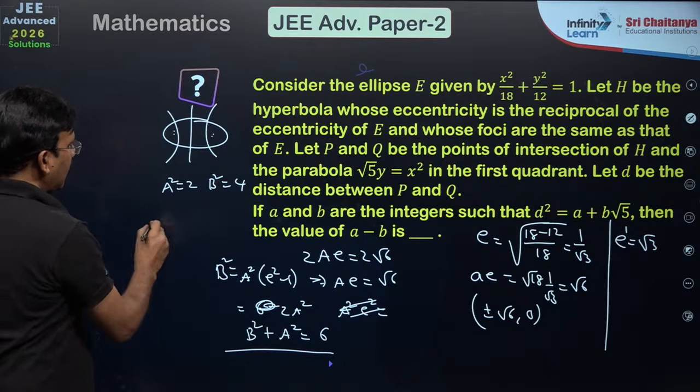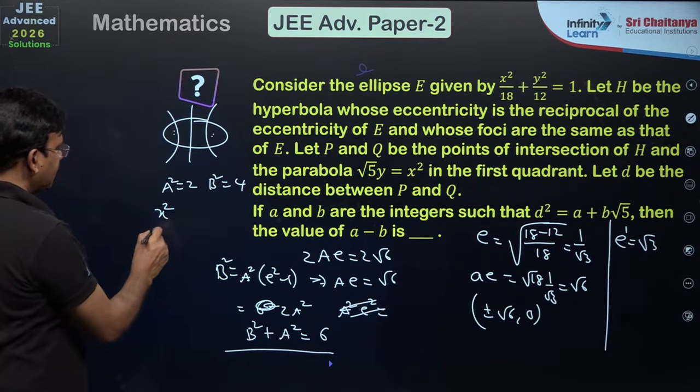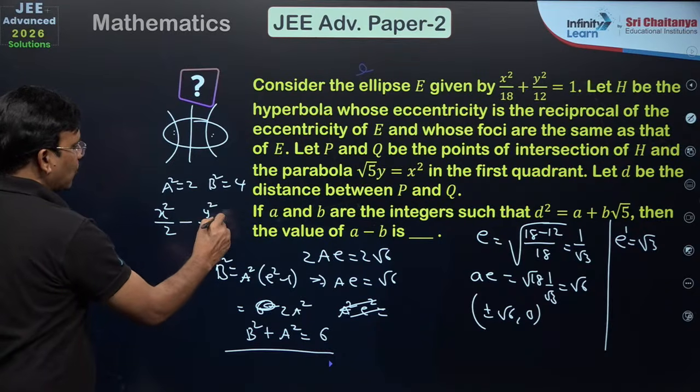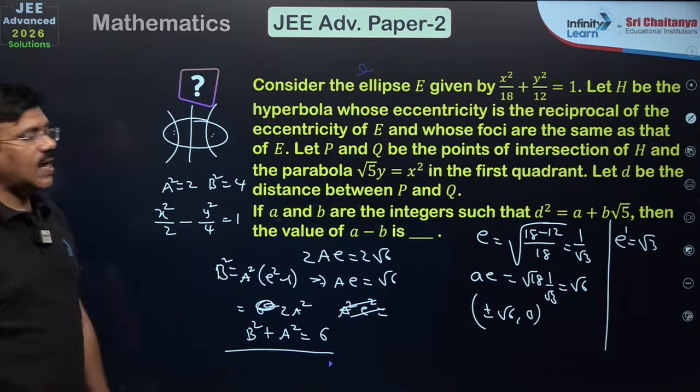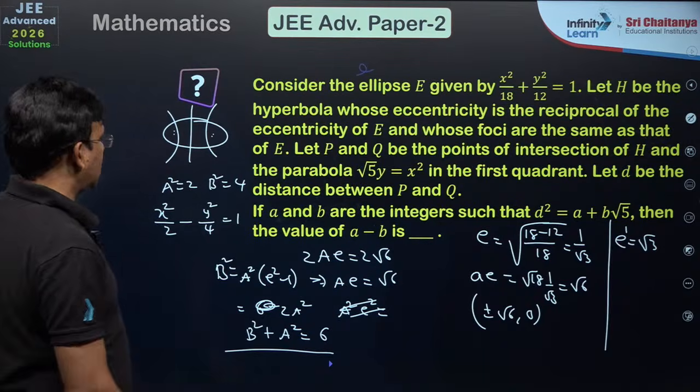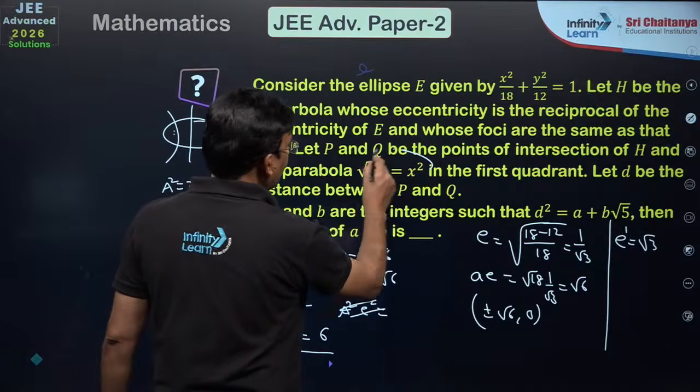So the hyperbola equation will become x square by 2 minus y square by 4 is equal to 1. This is the hyperbola equation. Now you just find the point of intersection of this and x square equals root 5 y.